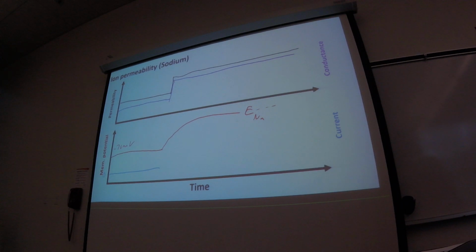So we'll see something like this, where it increases because of positive charge going into the cell. And so it will spike, but then it will eventually level off. It will go back close to zero.